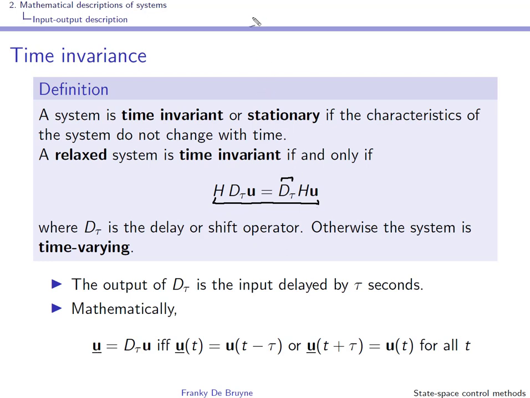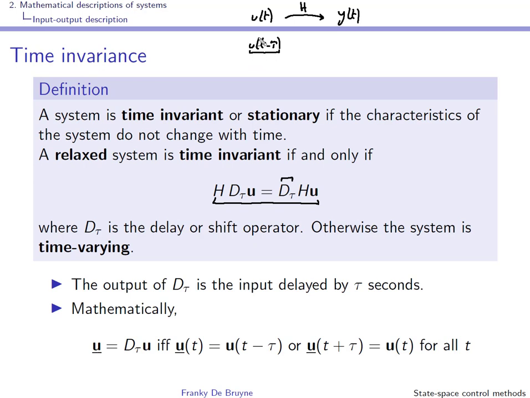So assume that we do an experiment today with the input signal u of t, and that we observe the output y of t. Then if we do the experiment at some other time, and this is described by the fact that we use the shifted version of u of t, so u of t minus tau.